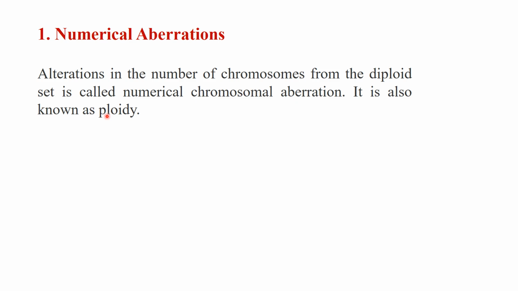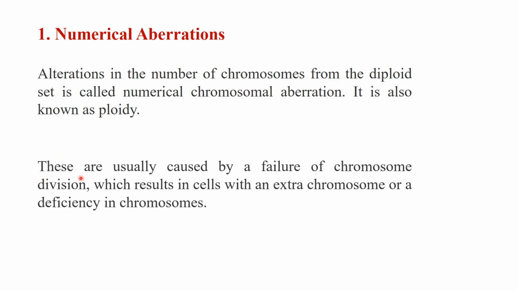These are usually caused by failure of chromosome division, which results in cells with an extra chromosome or deficiency in chromosome. When during division the chromosome number is either extra in a cell or deficient, that condition is called numerical aberration.